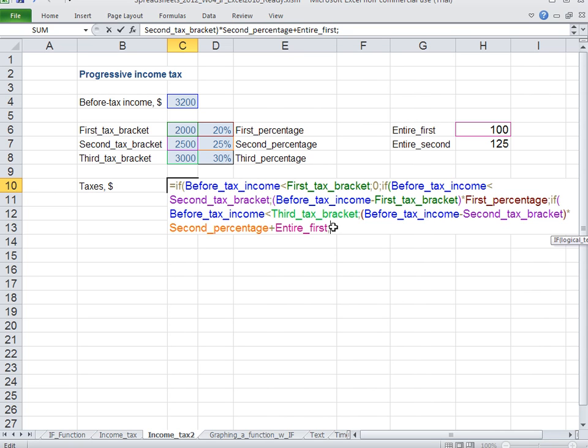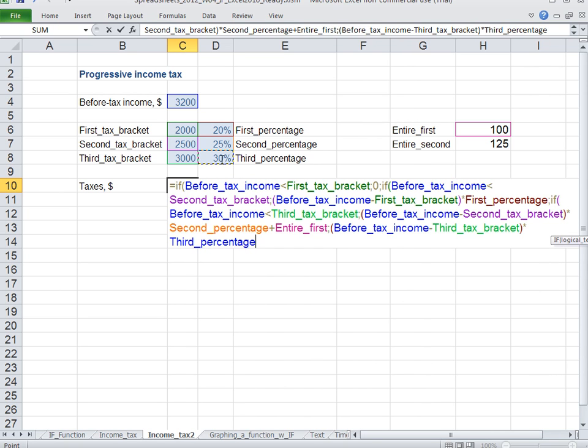We see by how much we're over 3,000. So we do parentheses, before tax income minus 3,000, which is the third tax bracket by which we exceed 3,000. On that amount we pay times 30%, which is the third percentage as well.